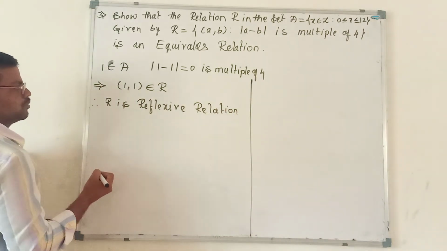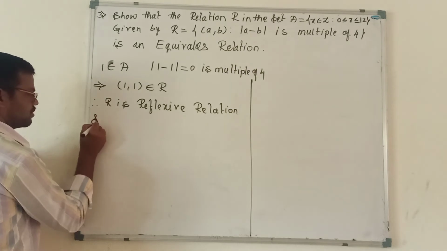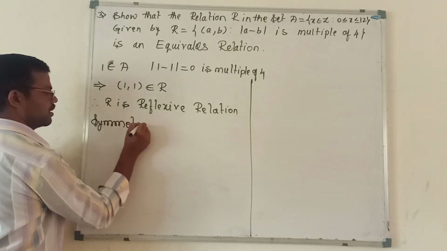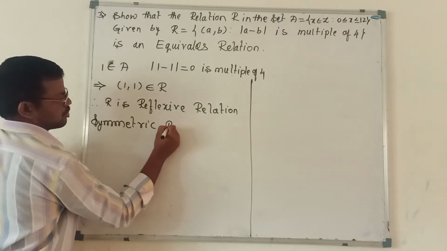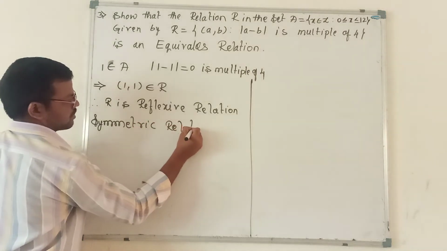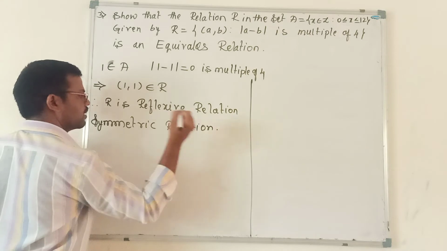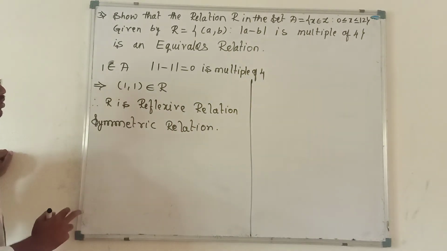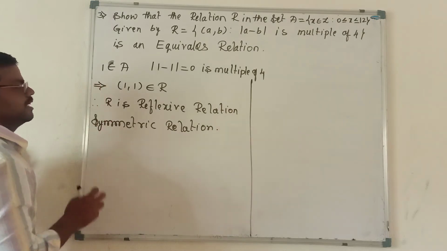So next we come to the symmetric relation. What do we mean by a symmetric relation? A symmetric relation means we need one pair.